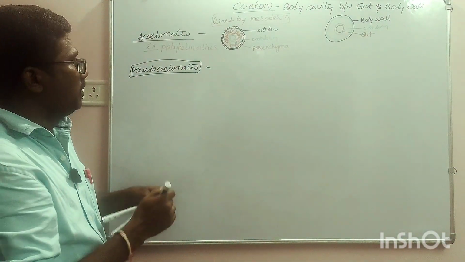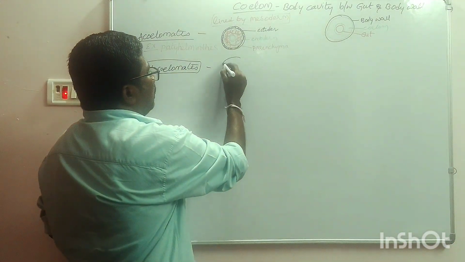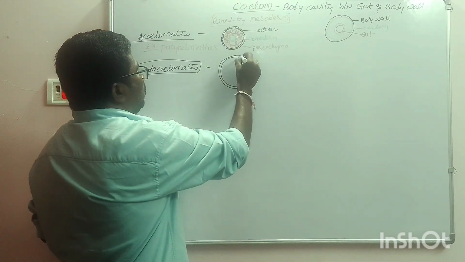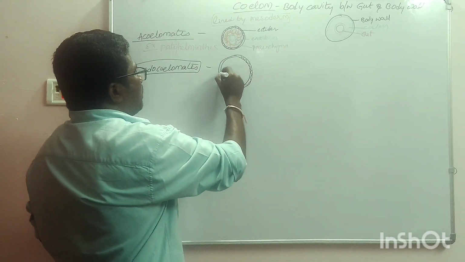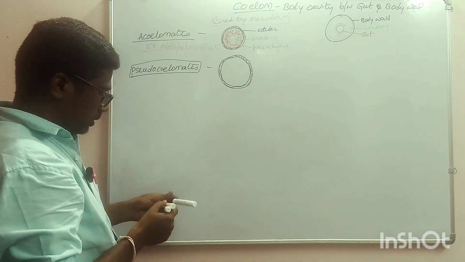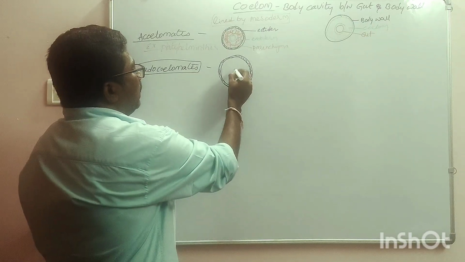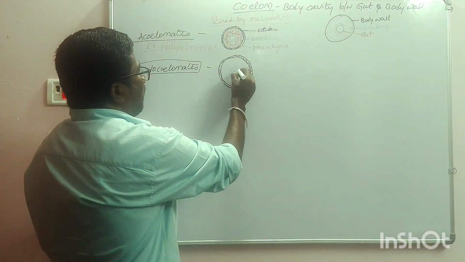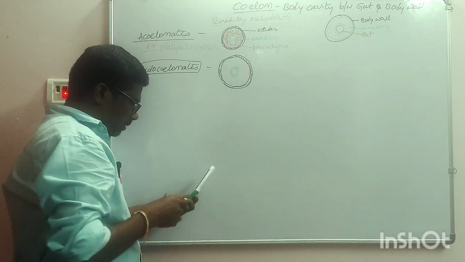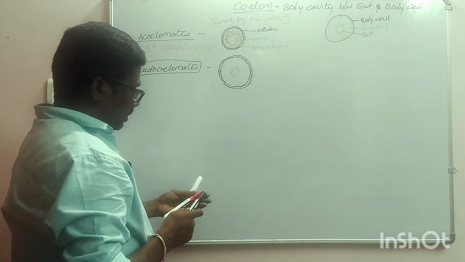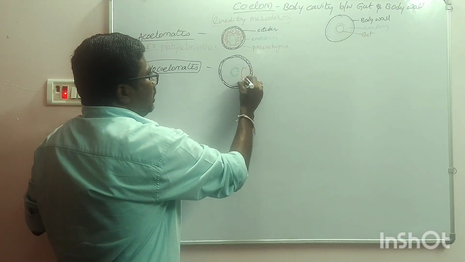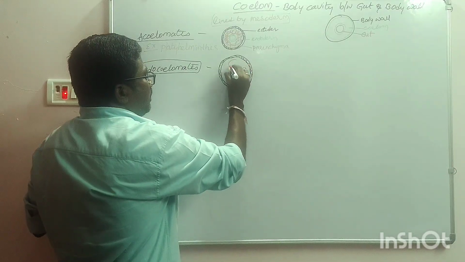See here in the pseudocoelomates, ectoderm is there. There is no time, that's why I am not drawing the cells. Endoderm is there. But mesoderm is split in the blastocoel, like pouches.